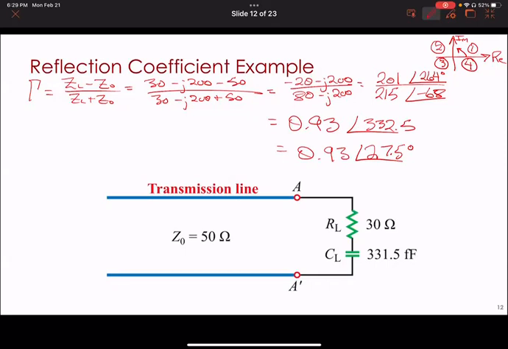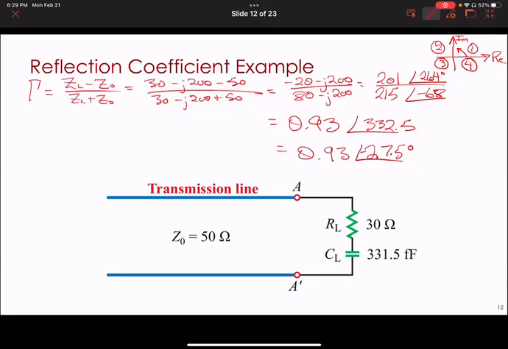Normally the reflection coefficient is always given in polar form, as I said before, because look what that tells you just by looking at it. That's like 93% of that incident signal's amplitude getting reflected back. So most of it's getting reflected.